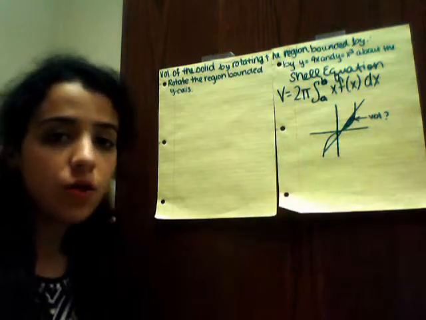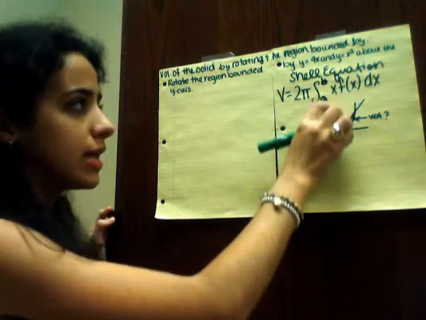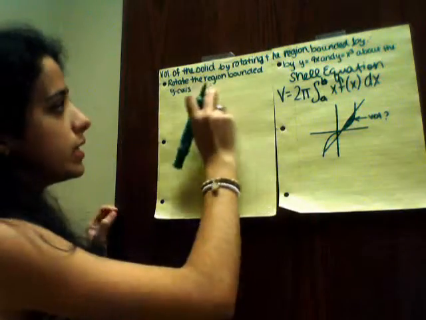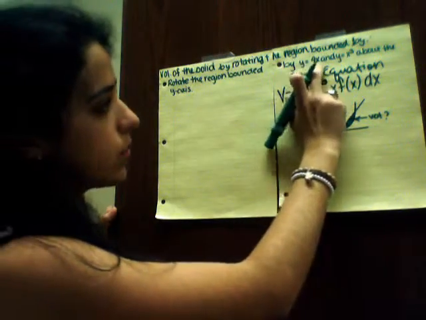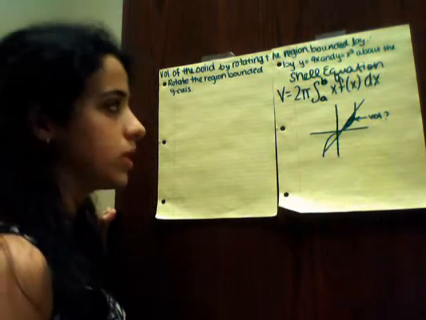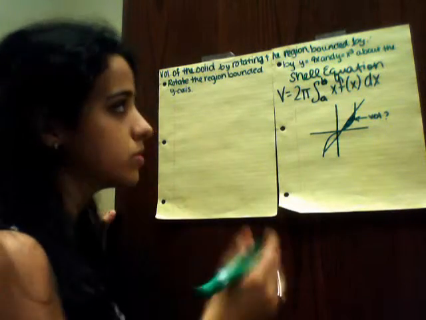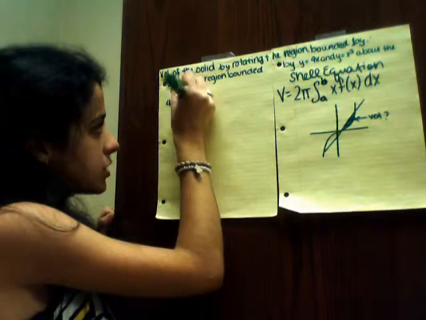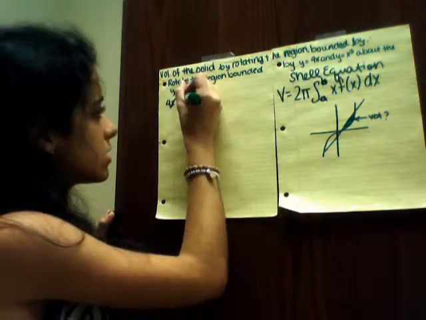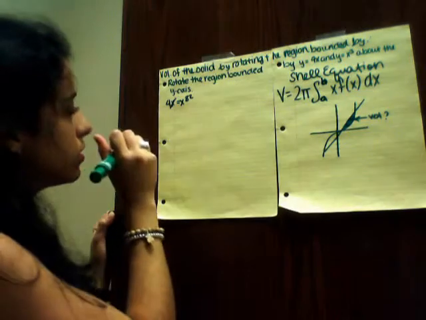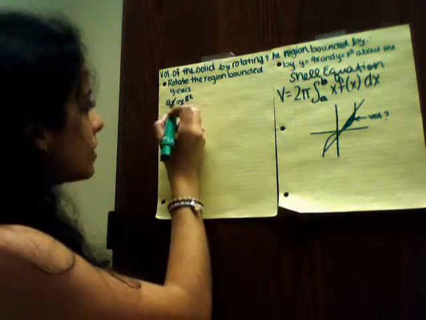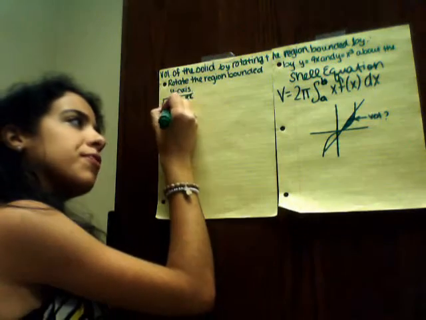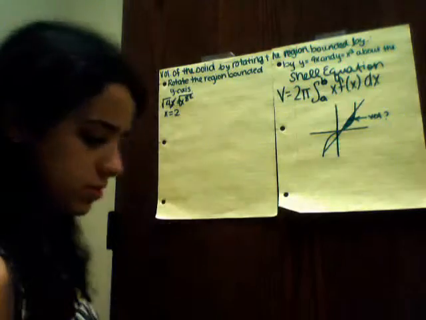First of all, we need to find the limits that it is bound by. We need to set the equations equal to each other in order to find one of the bounds. So 4x equals x cubed, eliminate an x, left with x squared equals 4, and we take the square root, and we're left with x equals 2.